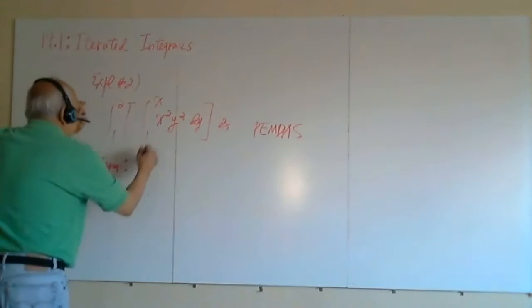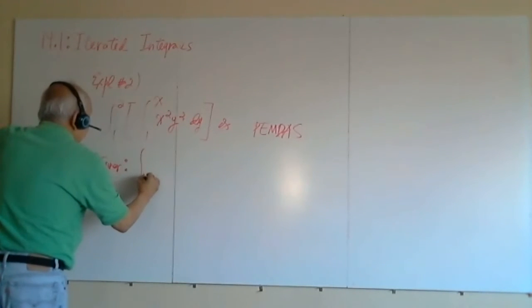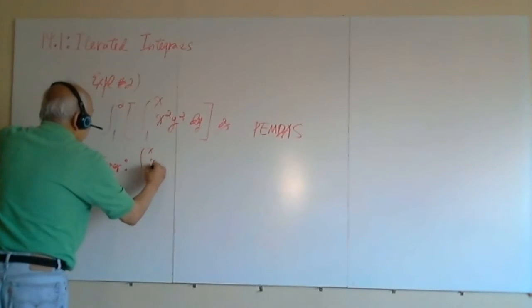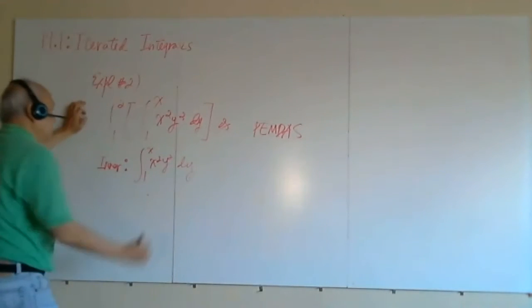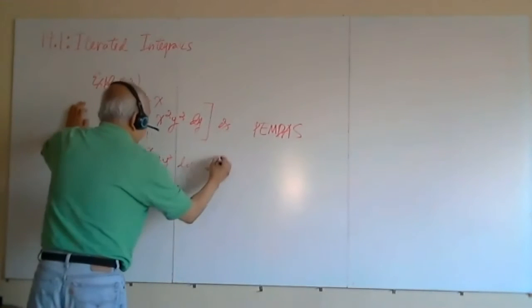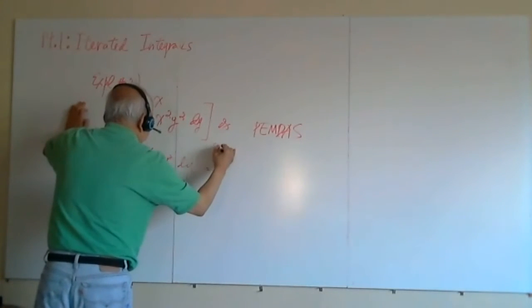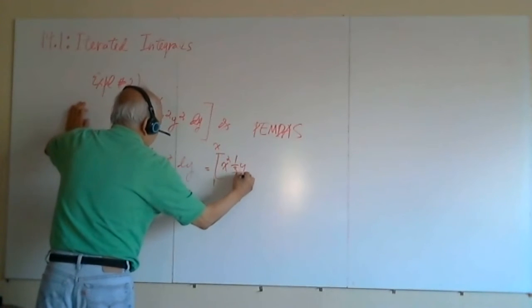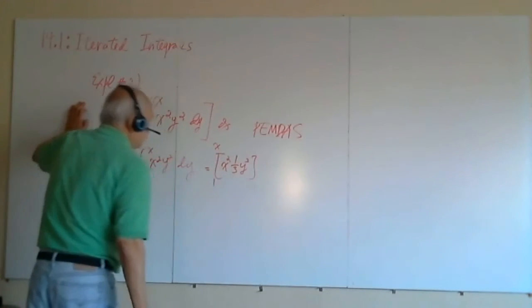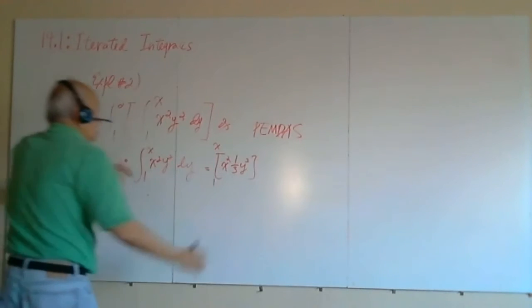So I'm going to do the inner integral first. The integral from 1 to x squared of y squared dy is equal to, in brackets, 1/3 y cubed, from 1 to x squared.